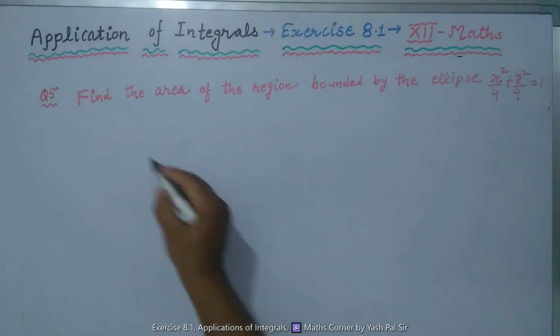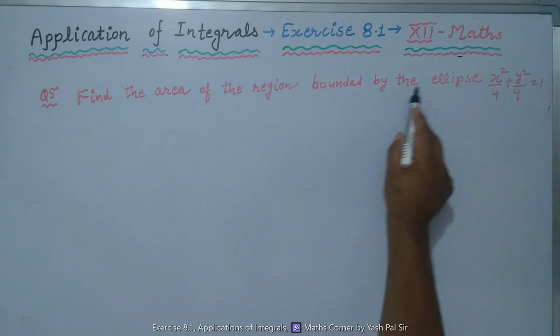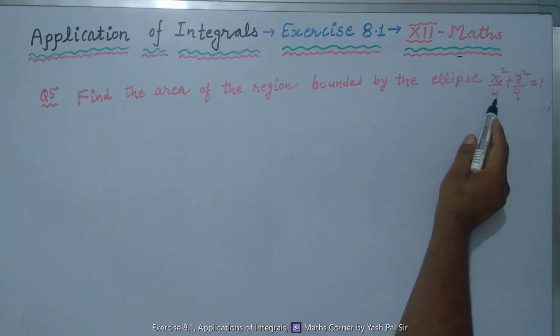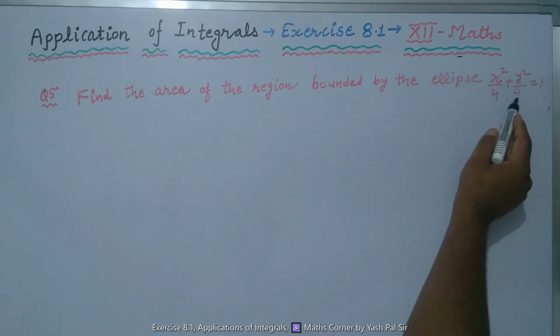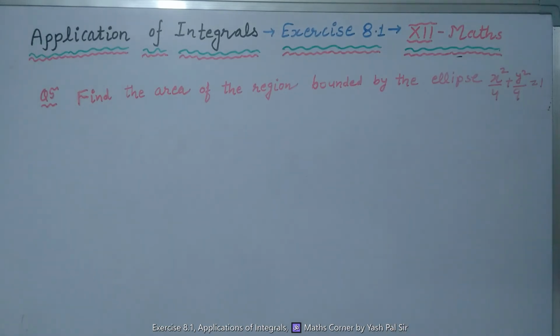Question number 5 is, find the area of the region bounded by the ellipse x square upon 4 plus y square upon 9 is equal to 1. So first of all, what is this ellipse?